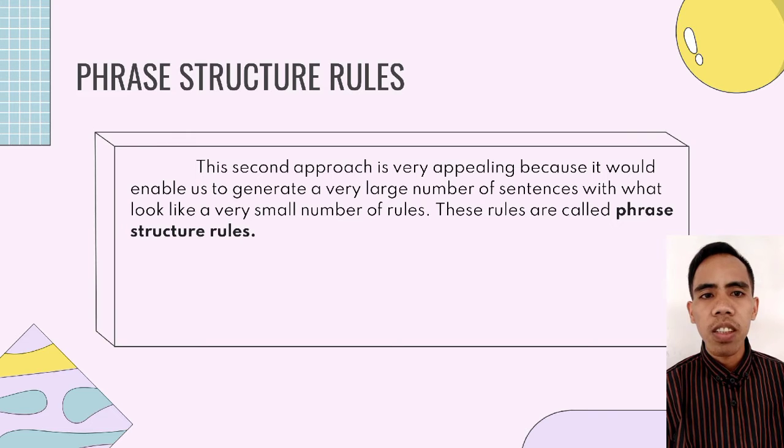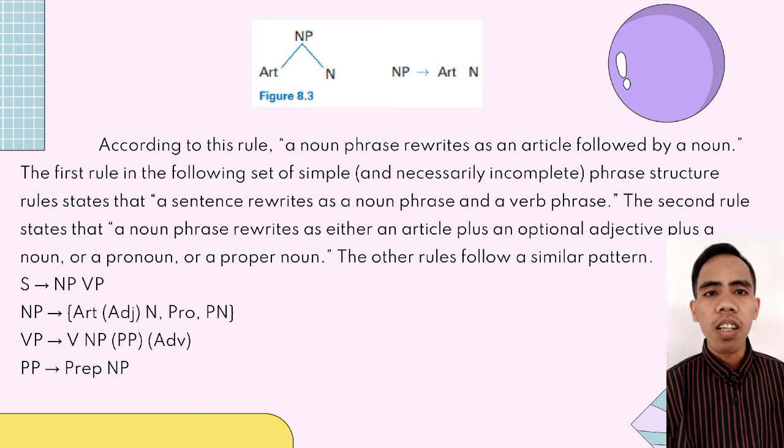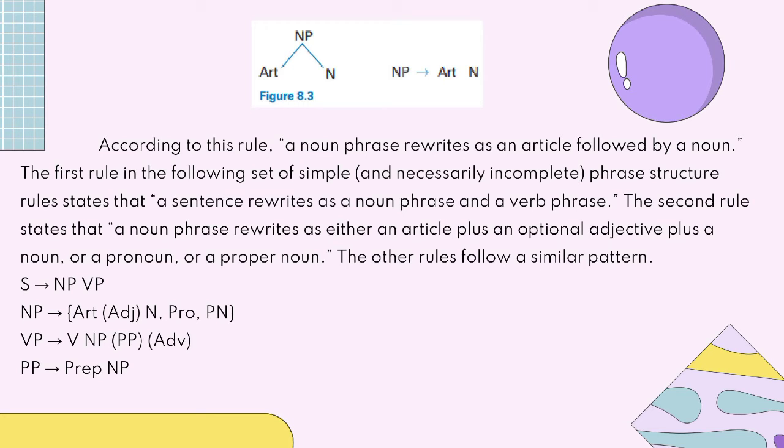Phrase structure rules. The second approach is very appealing because it will enable us to generate a very large number of sentences with what looks like a very small number of rules. According to this rule, a noun phrase rewrites as an article followed by a noun.